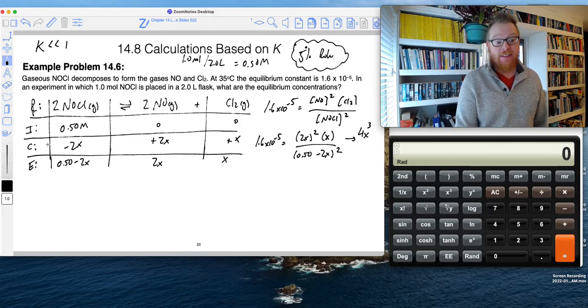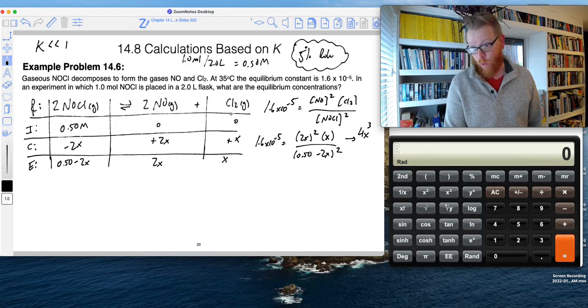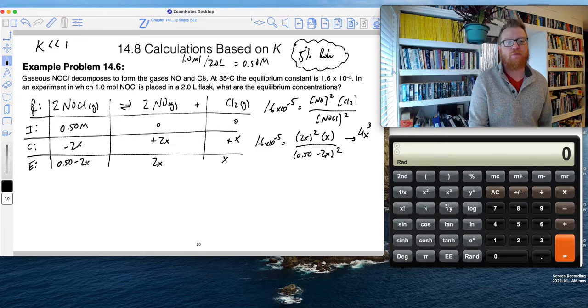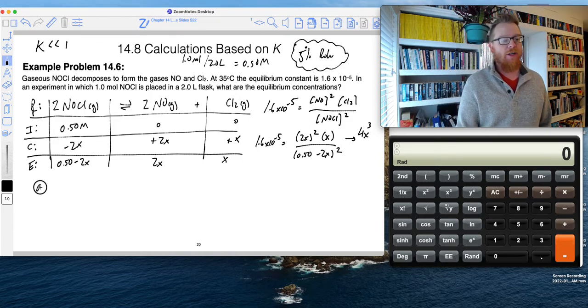That means at equilibrium, there's not going to be a whole lot of NO and Cl2 formed. So these values of X are going to be really, really small, and that also means this minus 2X in 0.5 minus 2X is going to be really small. So we make an assumption here, which is the following.